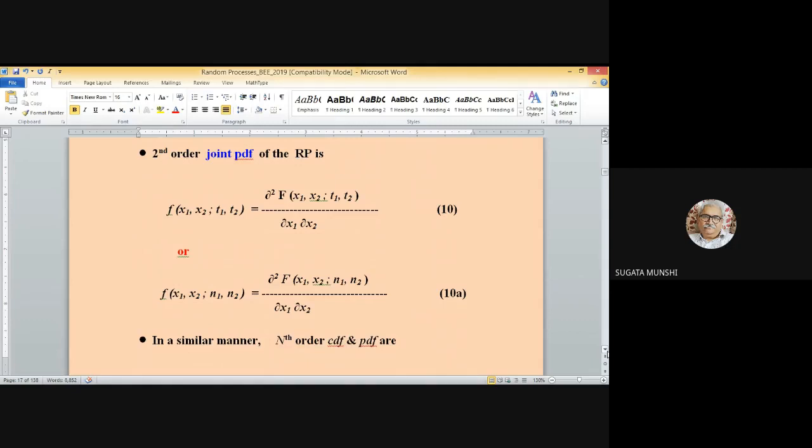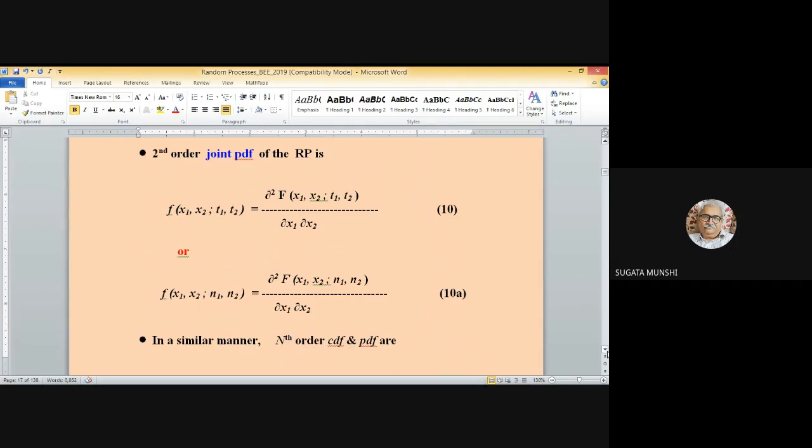If you just extend this idea of the second order cumulative distribution function and second order joint density function to, say, capital N number of instants, we will now freeze our attention to capital N number of instants, small t1, small t2, small t3, in this way up to small t with subscript capital N for the continuous random variable, or small n1, small n2, small n3, up to small n with subscript capital N. So we will have in both the cases capital N number of random variables.